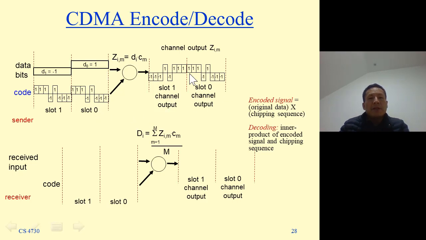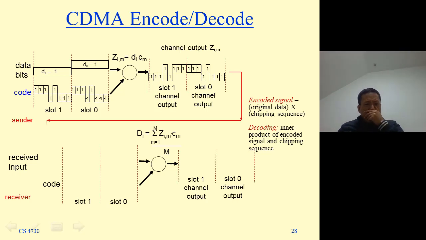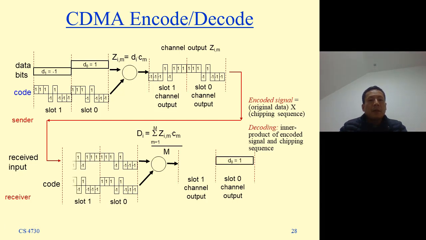After you receive the signal out of the channel, you use your own chipping sequence to process it. This is a copy of the data you got out of the channel, and these are the chipping sequences for slot 1 and slot 0. They are the same as on the sender side.